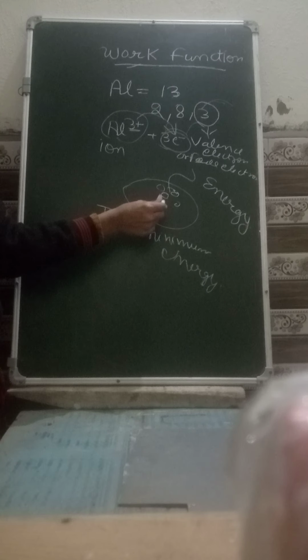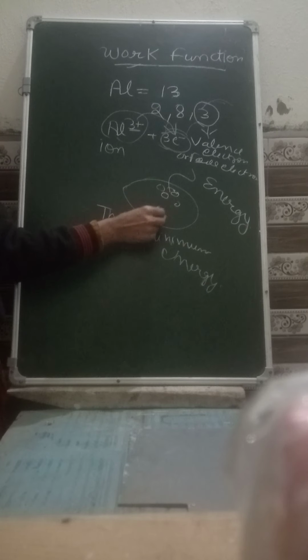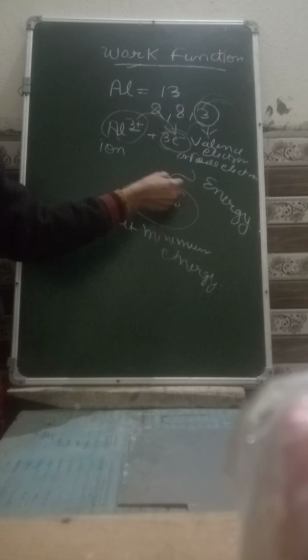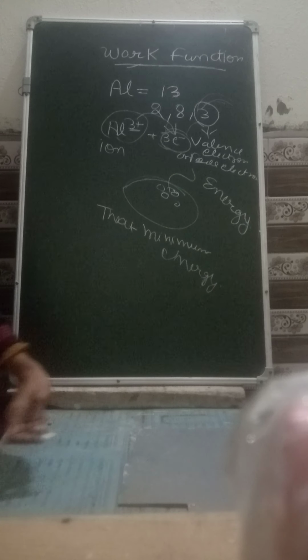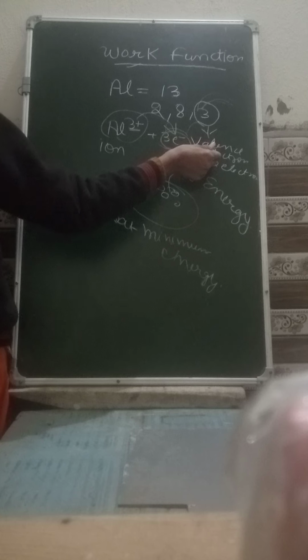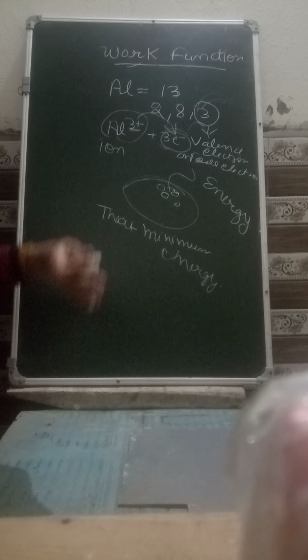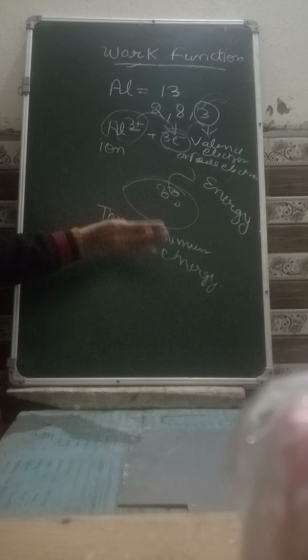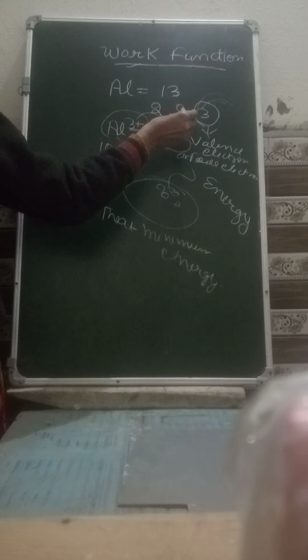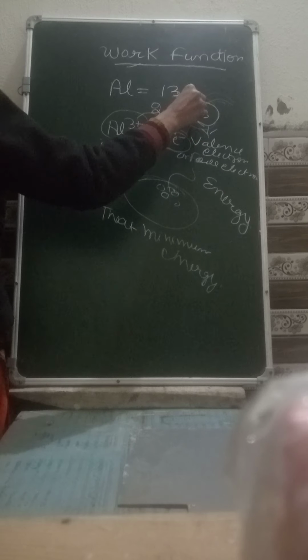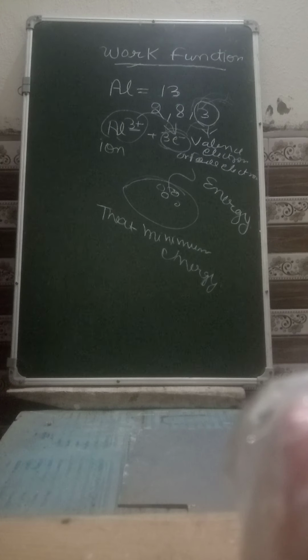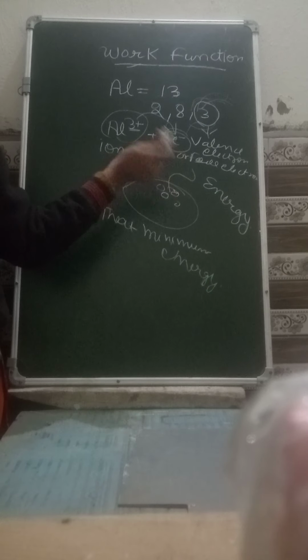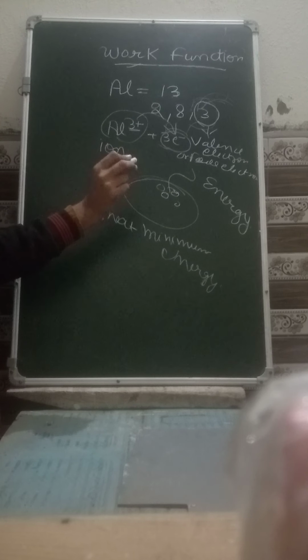It means the minimum energy required to remove the valence electron, or free electron, from the metal is known as the work function. So whatever minimum amount of energy is needed to remove these last 3 electrons from the aluminium surface is known as its work function. Okay.